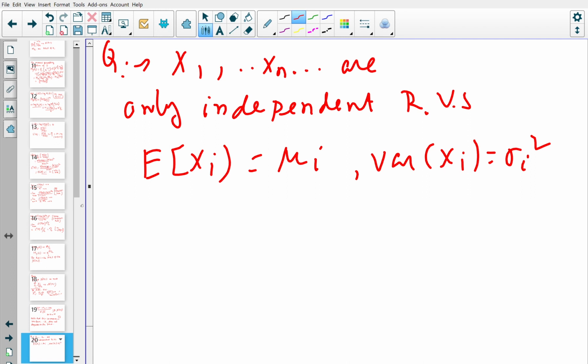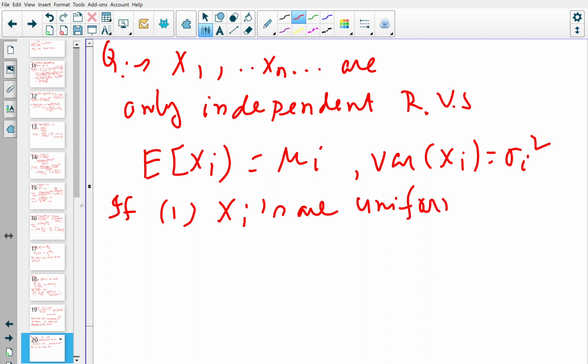The answer is yes. In this case, obviously you need some conditions. If the following conditions are true: condition number one, that the X_i's are uniformly bounded. What does that mean?